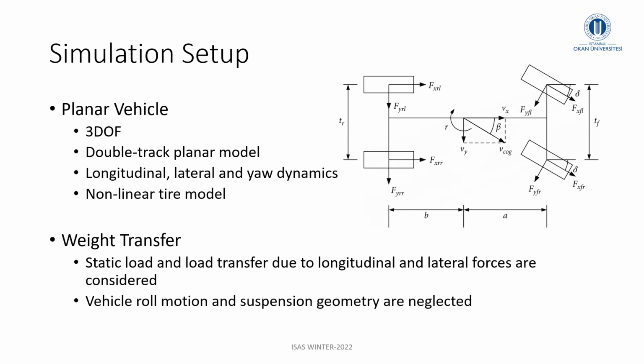The main vehicle model, which all the control laws will be applied to, is the planar vehicle. It's a 3 degree of freedom model where only longitudinal, lateral, and yaw dynamics are considered. The pitch, roll, and bounce moments are ignored. The tire model is a non-linear tire model, and I've also included weight transfer in it, as it will be involved in the low-level controller calculations.